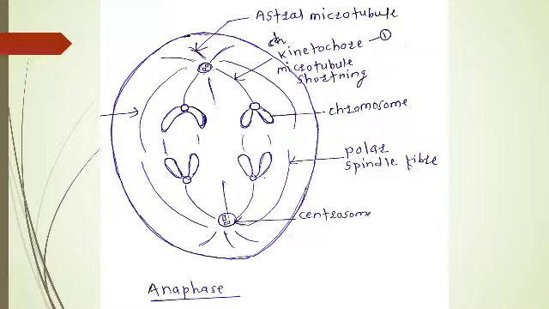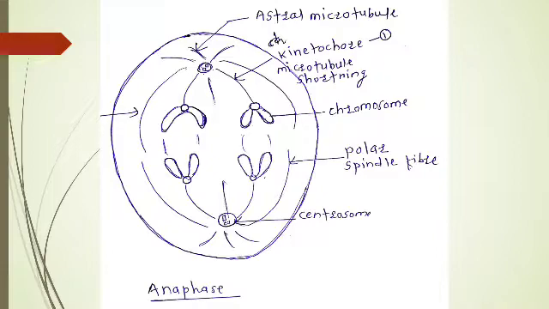These kinetochore microtubules bind to the kinetochore protein found on the centromere of a chromosome. In the last lectures, you already saw that on the centromere, the kinetochore protein is attached, and to that kinetochore protein, the spindle fibers bind.